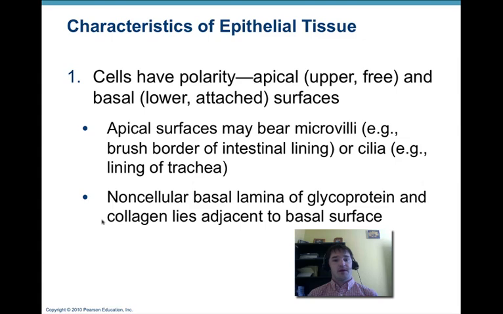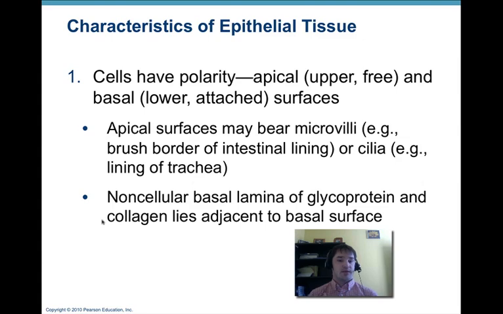If you're thinking about the apical surface, they can be the side that faces the interior or lumen, the open space in your intestine or your lungs, and they may have special adaptations for absorption, such as microvilli.